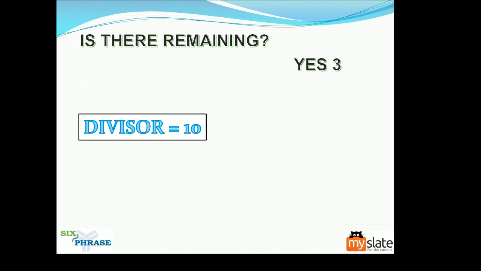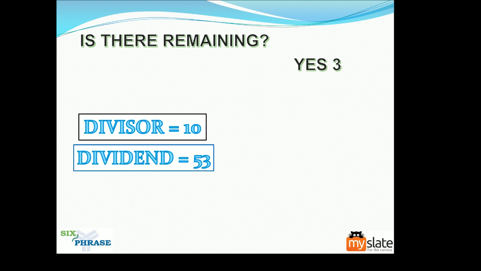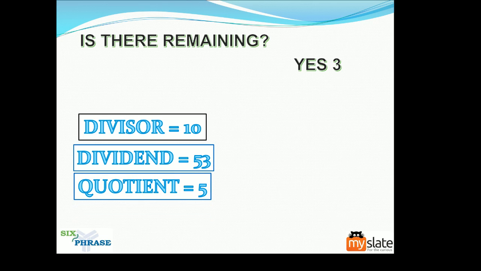Now, in this whole thing of 53 chocolates, 10 children, dividing it equally among them, and then the remaining 3 chocolates, all this tells you something. These 10 children are the divisor. The 53 chocolates that you initially had is the dividend. The quotient 5 is the maximum number of chocolates that each child got at the end.